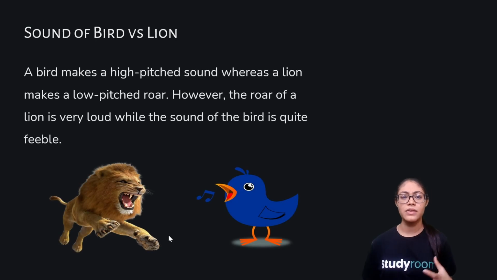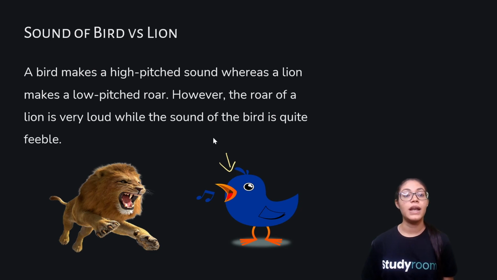Now let's compare the roar of the lion to the sound of the bird. The bird has a higher frequency and therefore a higher pitch, while the lion has a lower pitch and lower frequency. But the roar of a lion is very loud as compared to the bird.